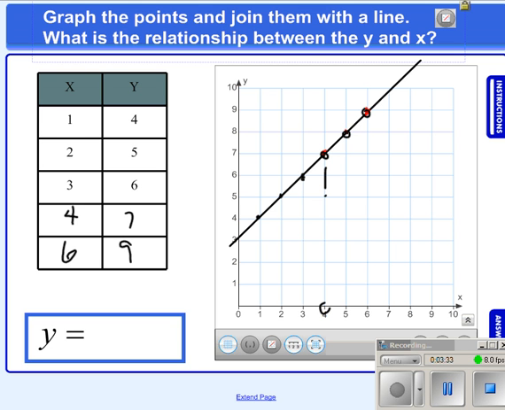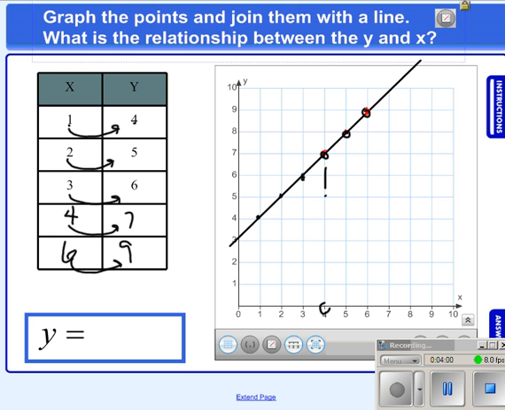The next step is to look at the relationship between x and y. How do you get from this to there? That to there, that to there. What relationship do you see in each of these? You've worked on this in 2nd, 3rd, 4th, 5th grade and gotten more complex. In this one, we can see that 4 is 3 more than 1, 5 is 3 more than 2, 6 is 3 more than 3.